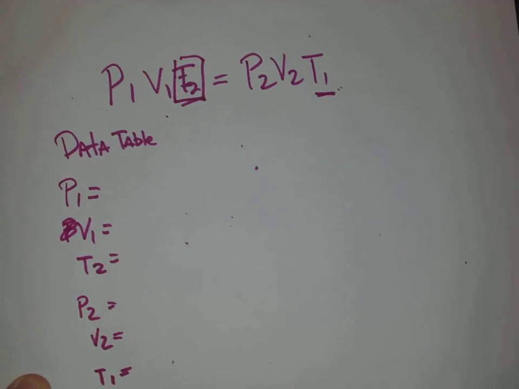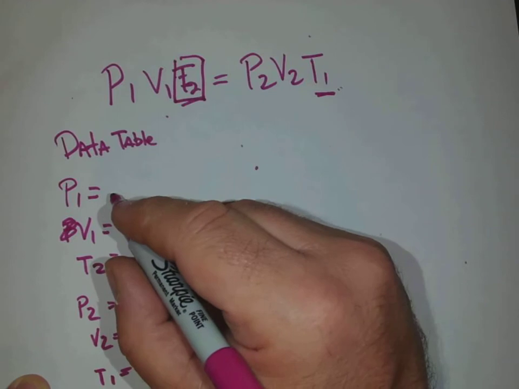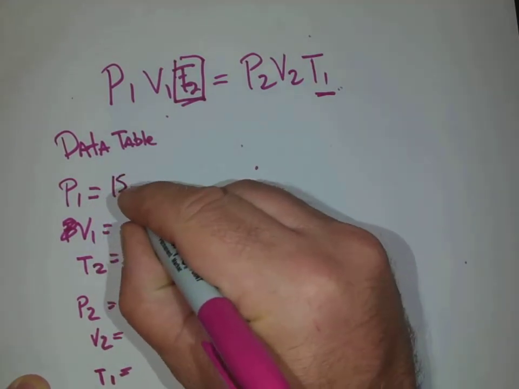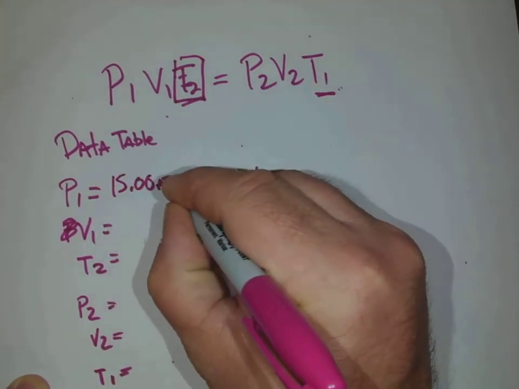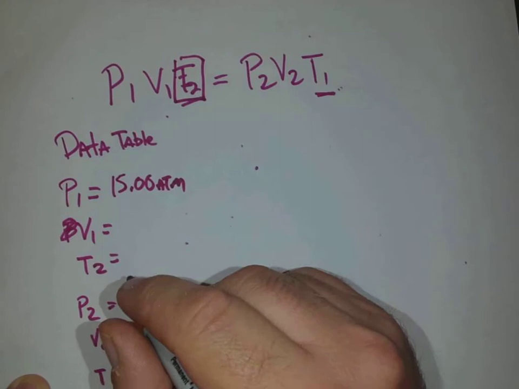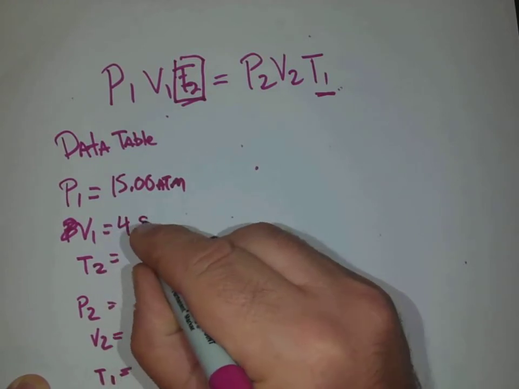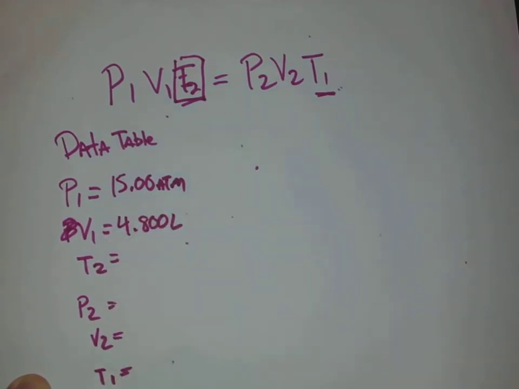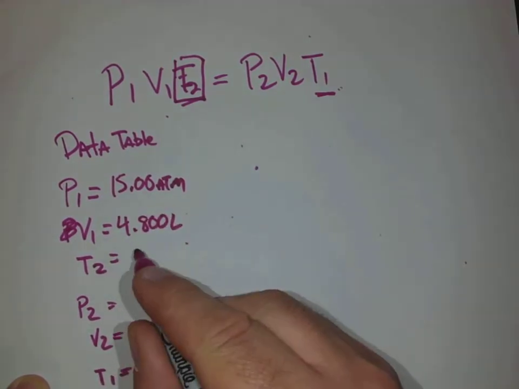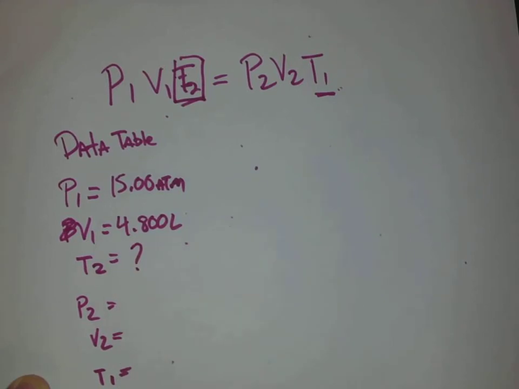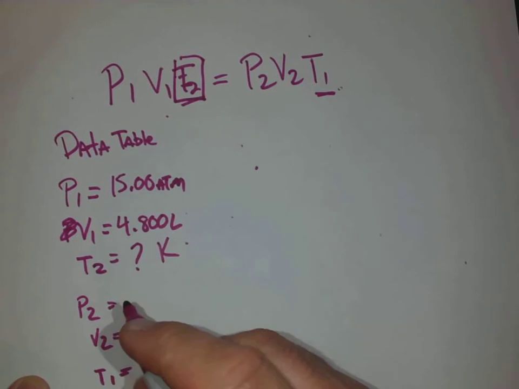Okay, so with that being said, we have a pressure of 15 atmospheres, volume of 4.800 liters. T2 is the thing we're going to be solving for. Again, this is in Kelvin. All gas law problems should be done in Kelvin.